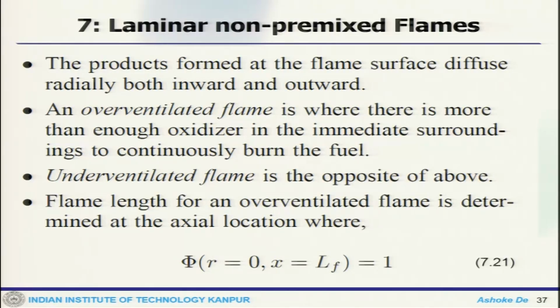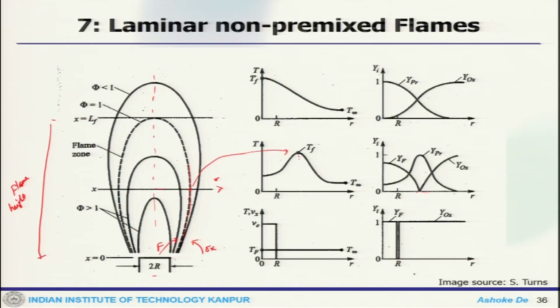One is that the products which are formed at the flame surface diffuse radially both inward and outward. Obviously, that would happen because products can go either side from this flame surface. What is produced can go this side, this can go that side.